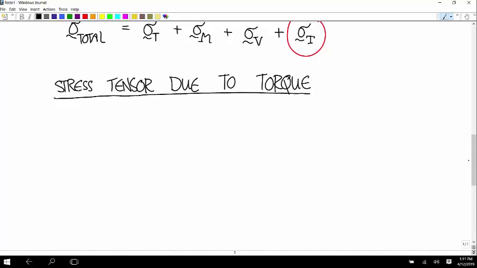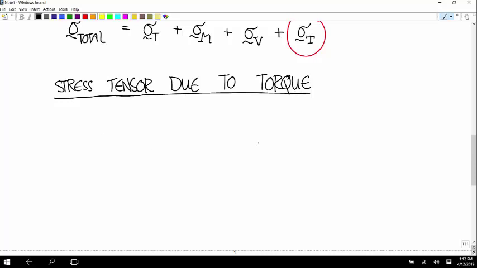Okay, so first, let's think about what element of torque we expect to be affected.